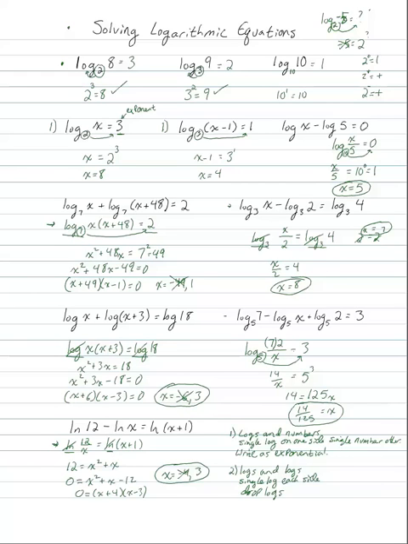So all these ones that have logs and numbers, we're going to have to get a single log on one side, single number on the other side, and then write an exponential. The ones that are all logs, like log base 3 of 2 equals log base 3 of 4, we have to get a single log on each side, and then we can go ahead and just drop the logs. So there's 2 types. Hopefully you can recognize them.